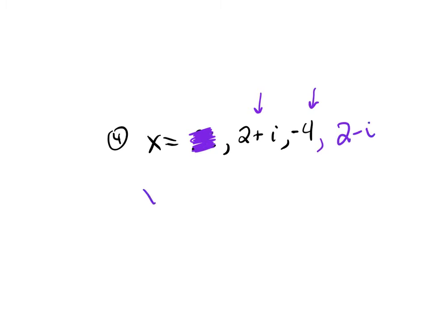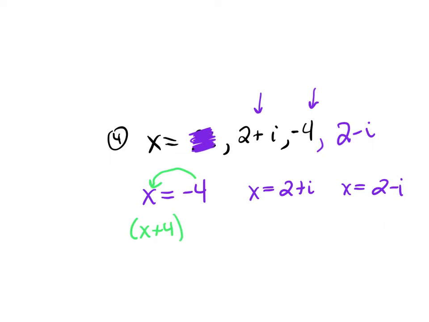Now, I'm going to write this out like this. You guys don't have to, but just so you can see this. These are the 3 zeros that they gave us. So when I take this negative 4 and I move it over here, would you guys agree with me? This becomes x plus 4, right? Yes. Okay, guys, this positive 2 plus i is together.